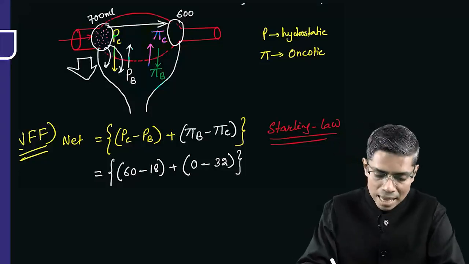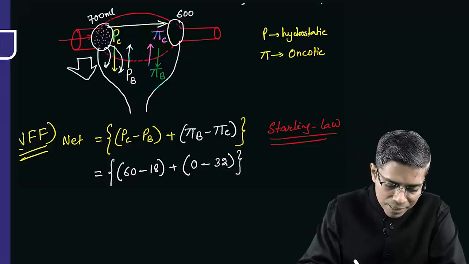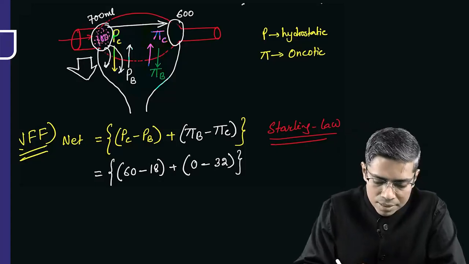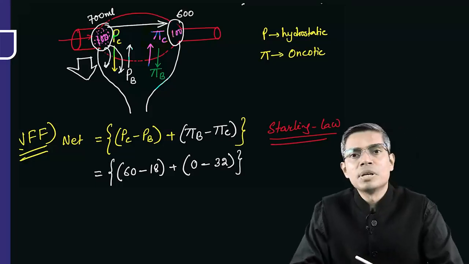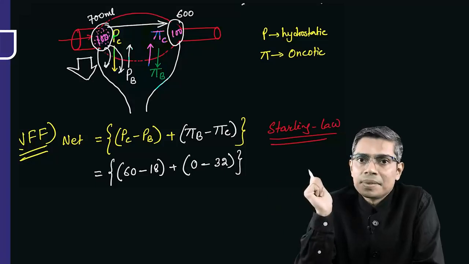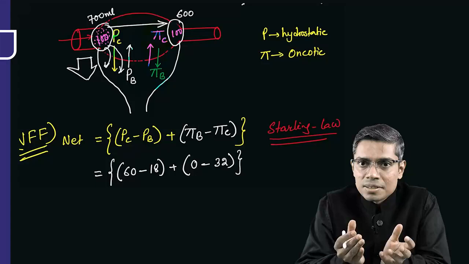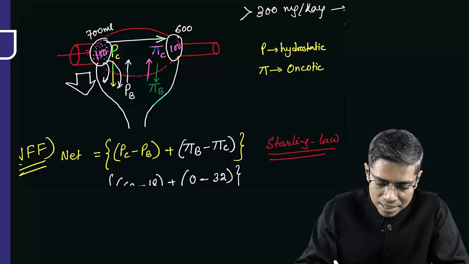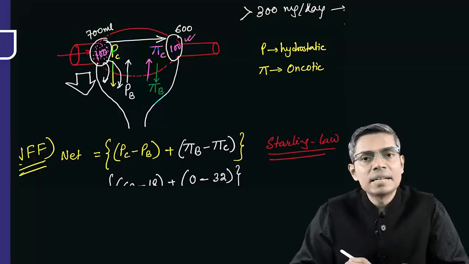But what about the albumin which was present inside this 700 ml of plasma? 100 molecules of albumin were there. So the same 100 molecules of albumin will be present towards the efferent end of the capillary, but the volume of plasma is less. So the concentration of albumin is increasing towards the efferent end.